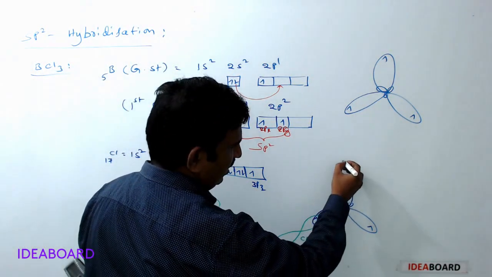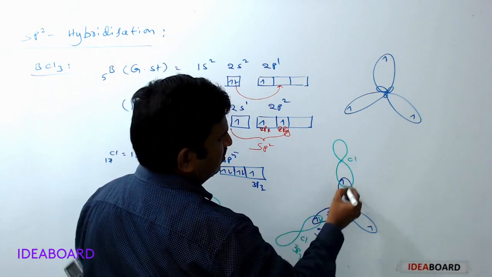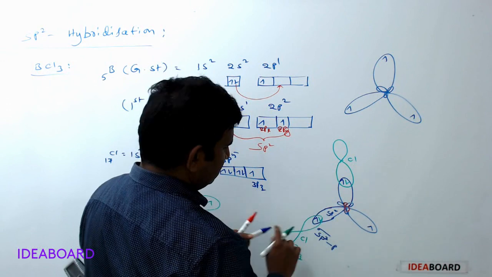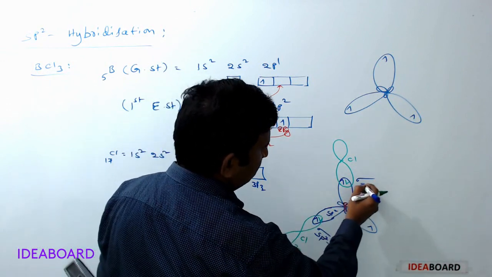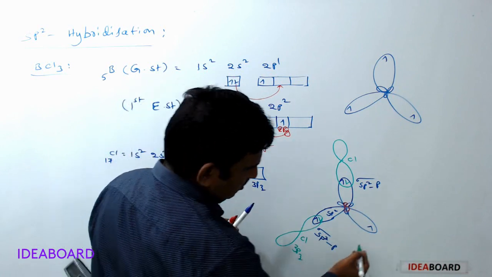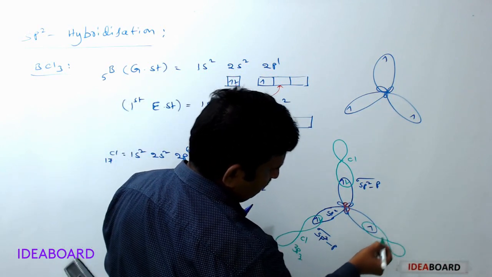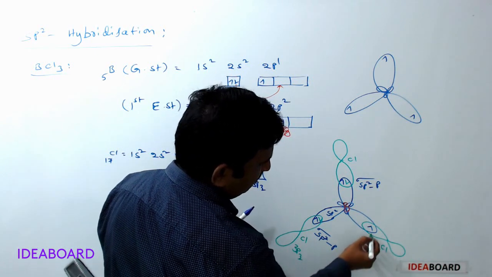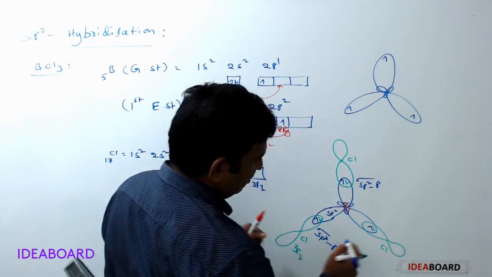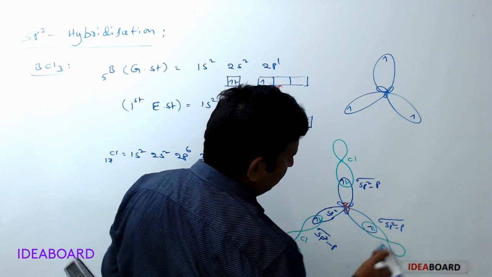Similarly, the second chlorine atom, linear overlapping, and here also there is a sigma sp2-p bond. And the third one, here also it is a chlorine with one electron, and the third sigma sp2-p bond.